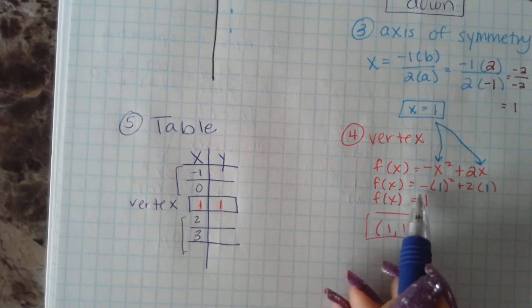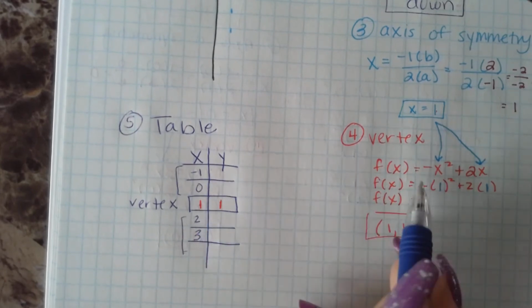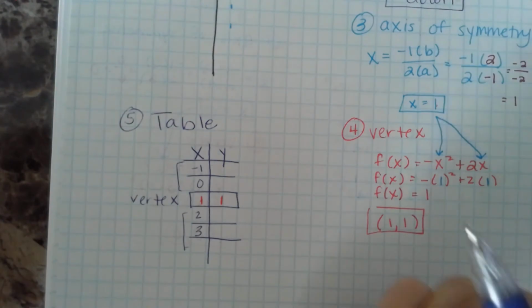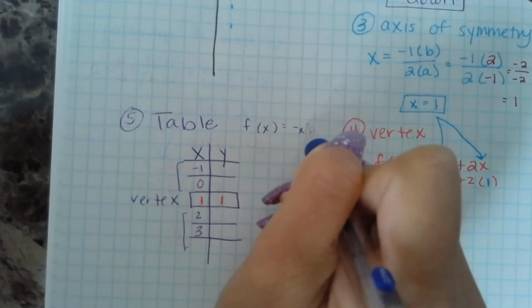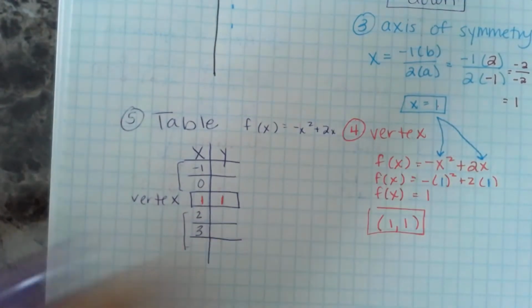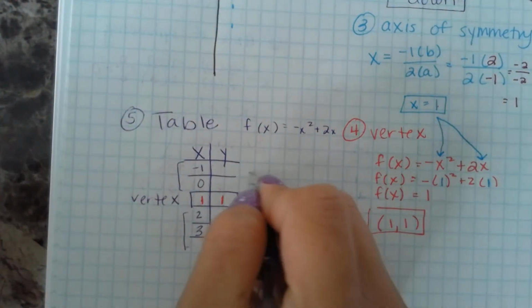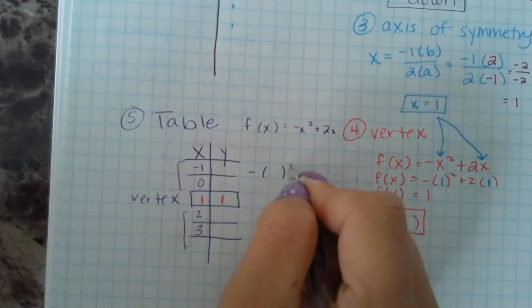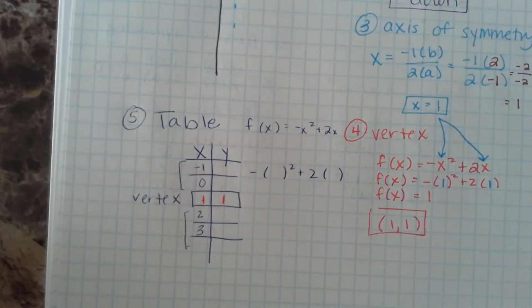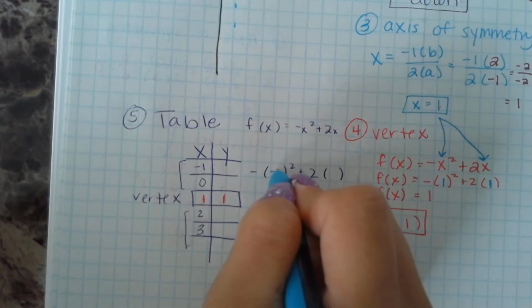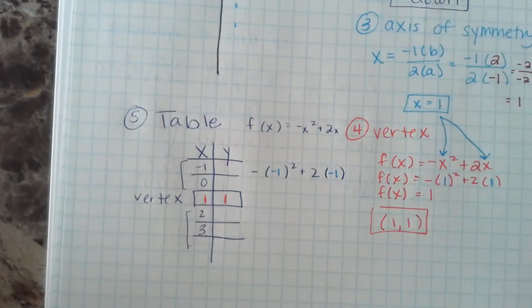Now, in order to figure out what our y's are, we'll have to do the same thing we did with our vertex, which is plugging in the x's into the equation. So our equation is f of x equals negative x squared plus 2x, right? So now we're going to say negative whatever our x is squared plus 2 times whatever our x is, right? So our x is negative 1, and we're going to put negative 1 right here.